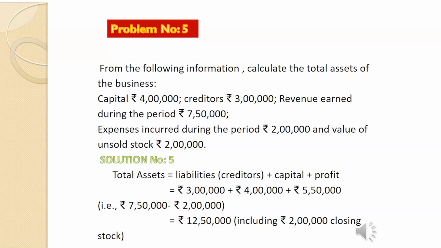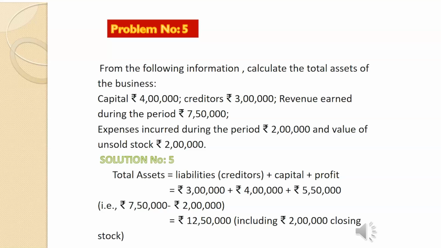The total assets is equal to liabilities plus capital plus profit. Capital, liabilities, revenue and expenses were given. Find out the total assets of the business.